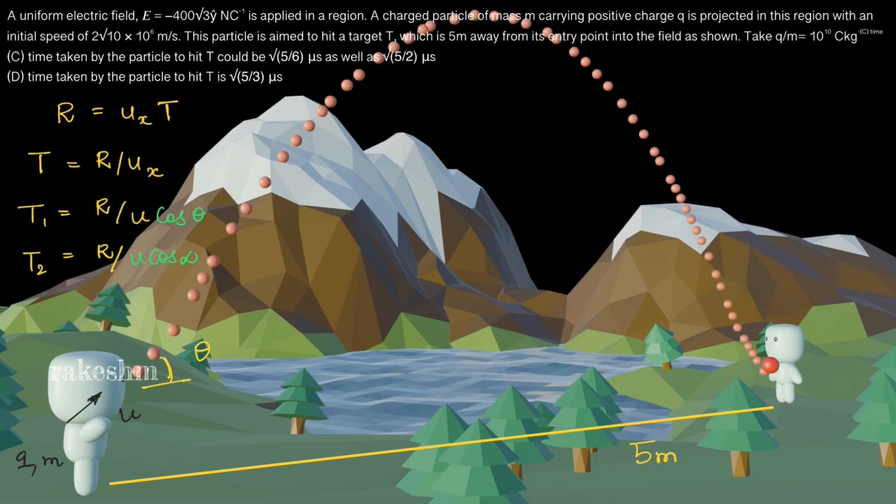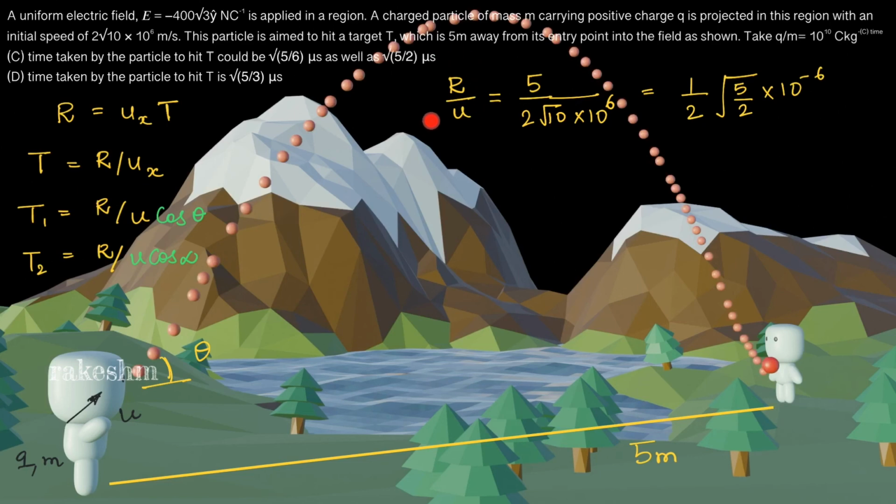So we can write capital T as R by ux, and for each horizontal component of velocity there will be a time of flight. So for two angles theta and alpha we have T1 equals to R by u cos theta and T2 equals to R by u cos alpha. First let us find the value of R by u. R by u equals to range is 5 and u he has given.